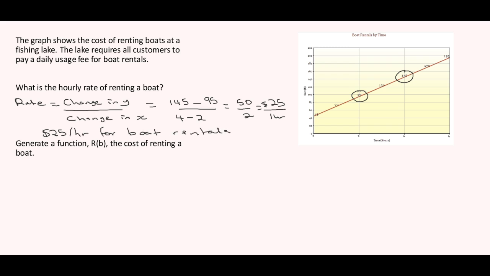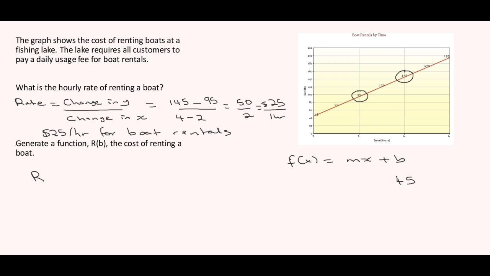Okay, now generate a function R of B, the cost of renting a boat. So generally, your function is going to be in this format: f of x equal to mx plus b, where b is your y-intercept. We can see right here that b is going to be 45.